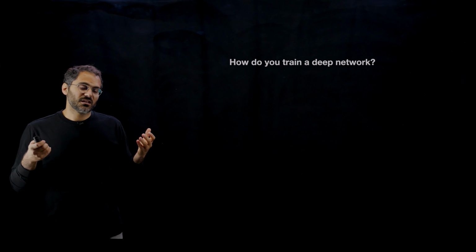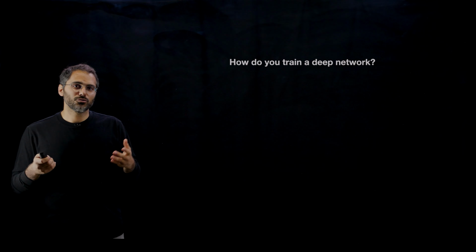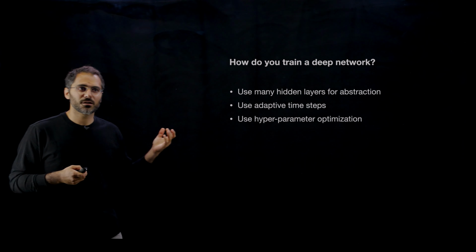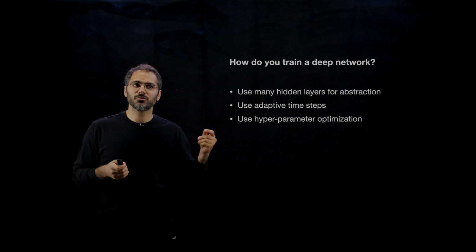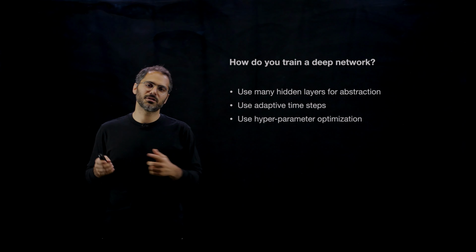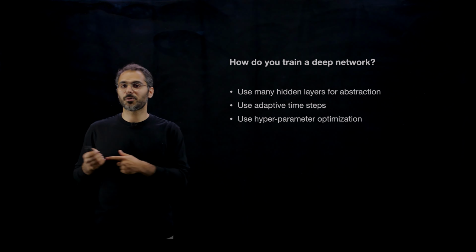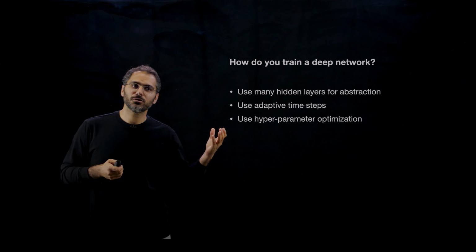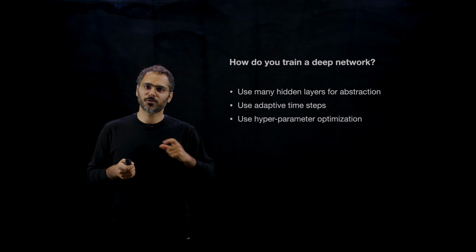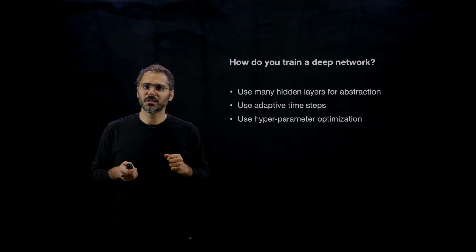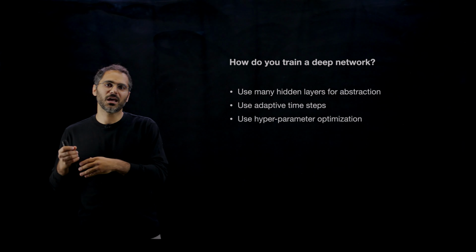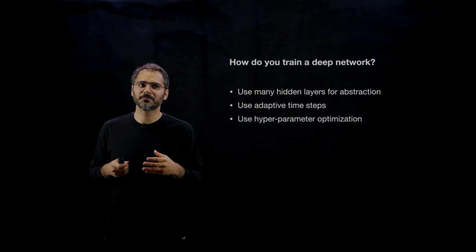Now, how do you address this challenge of reducing the estimation error? The idea first is you want to put many hidden layers. This will actually reduce your approximation error by making your function more complex. You want to use adaptive time steps for your stochastic gradient descent. And this will also help you avoid getting stuck in local minima.